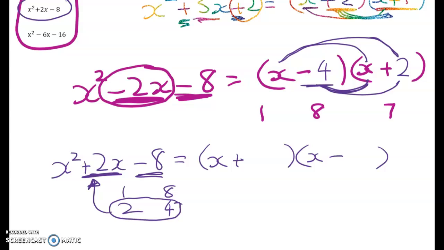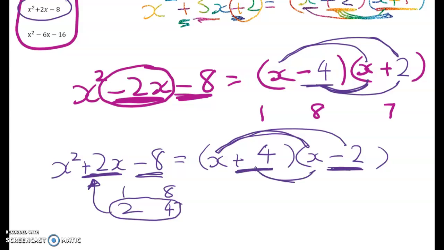So this time it's going to be x plus the big number, plus 4, times x take away 2. Work it back and check it. X squared, take away 2x, plus 4x minus 8.